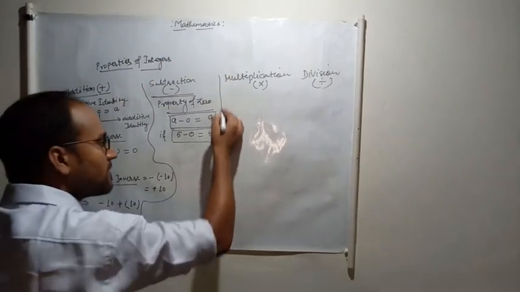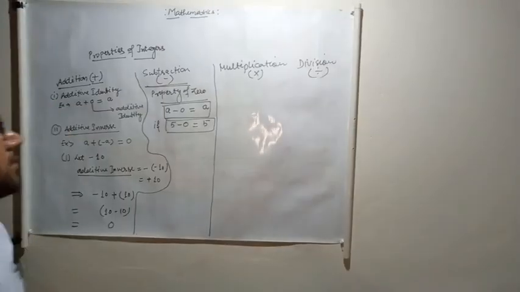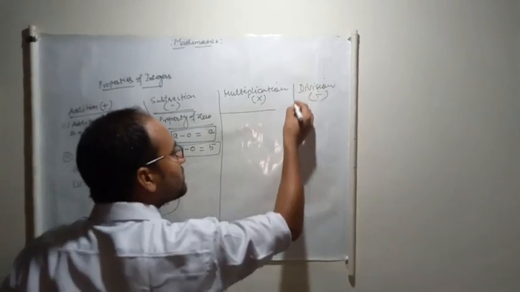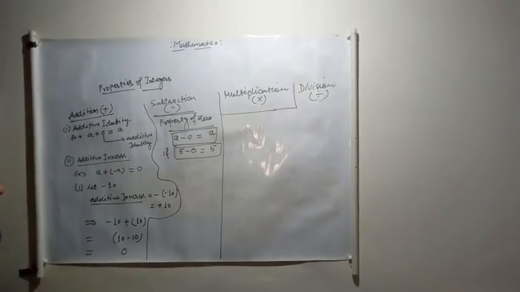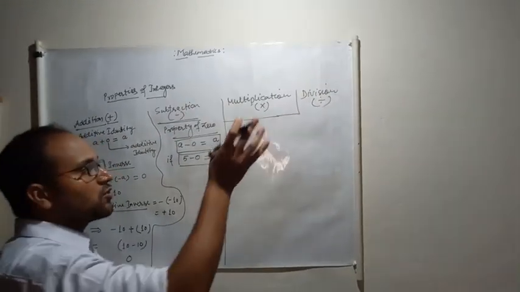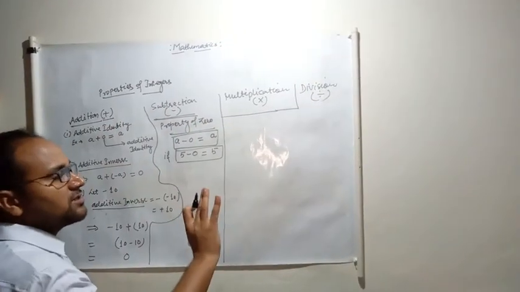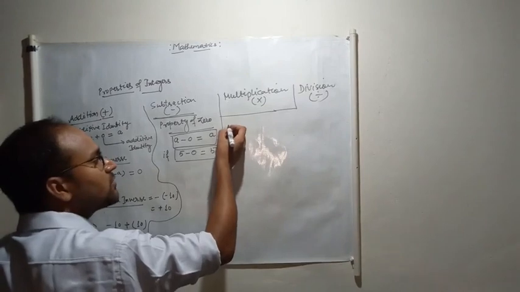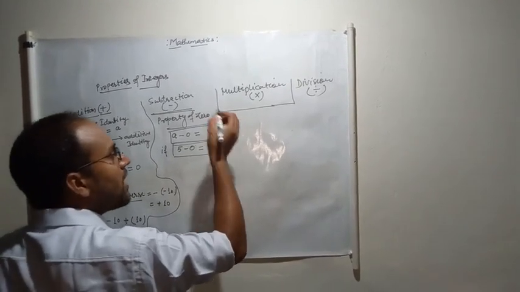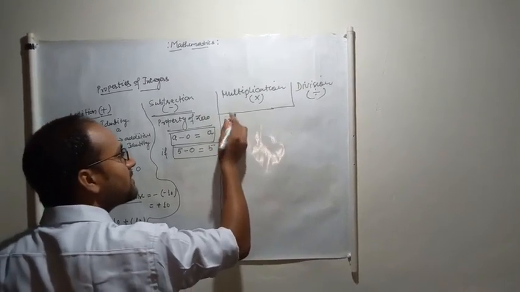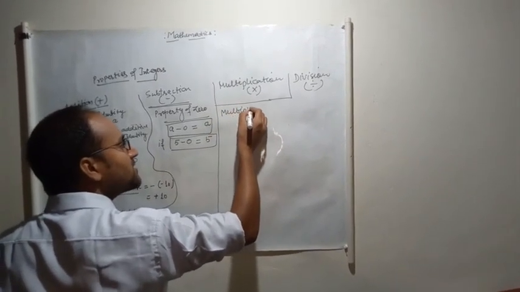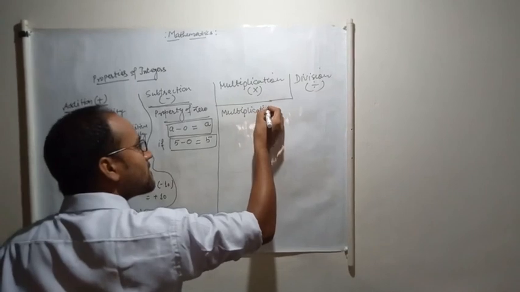Next one is multiplication. Here there are two special properties. First, after closure, commutative and associative, there is a property known as the multiplicative identity.